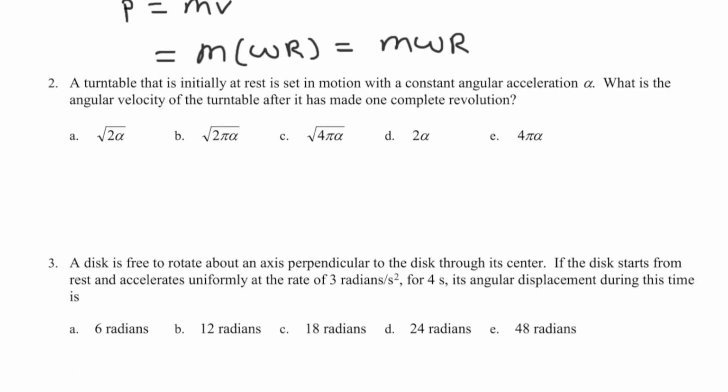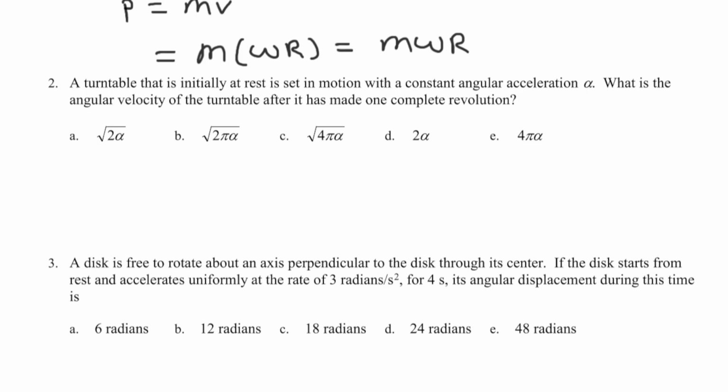A turntable that is initially at rest is set in motion with a constant angular acceleration alpha. What is the angular velocity of the turntable after it has made one complete revolution? Okay, so notice we're given alpha. We're given that it's at rest initially, and we want to find its final angular velocity.